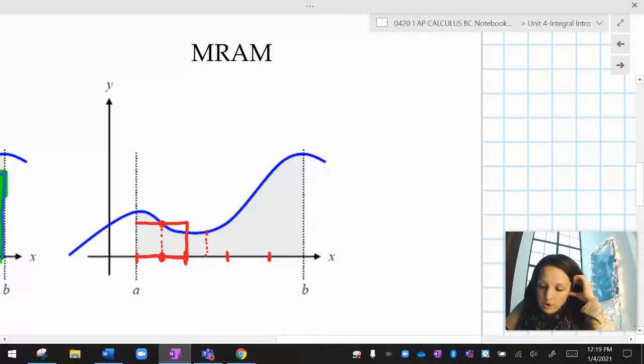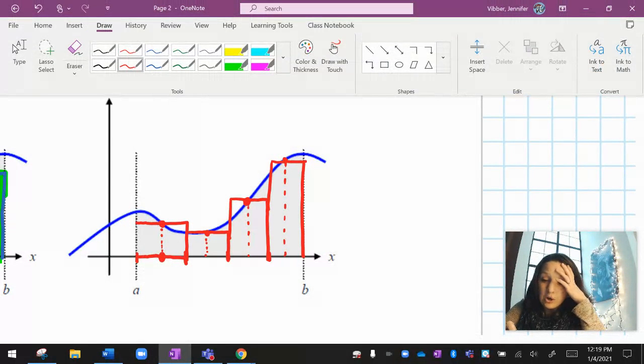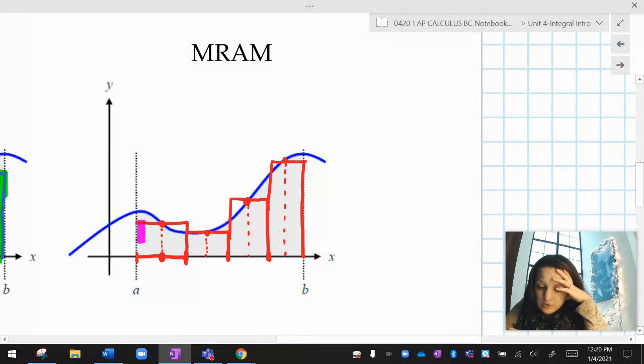I take the midpoint of each subinterval, straight across and down. What's nice about MRAM a lot of the time is that you have an over and an under for each of the rectangles. This one is outside a little bit and inside a little bit, and it's the same way for this one and this one.